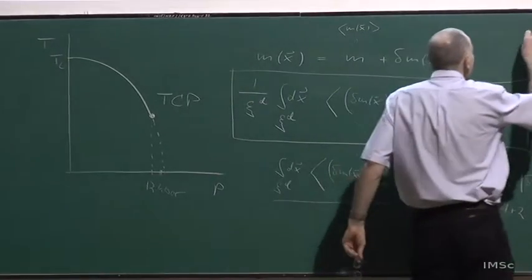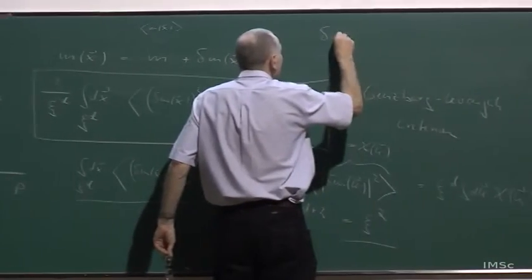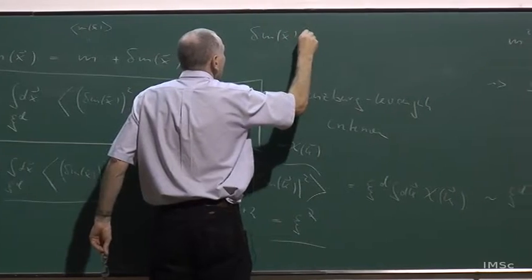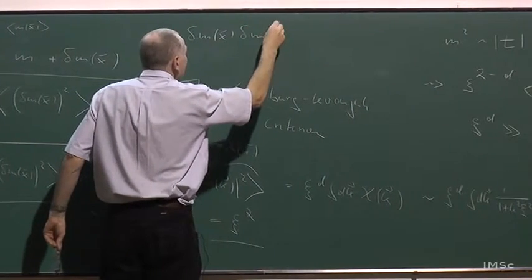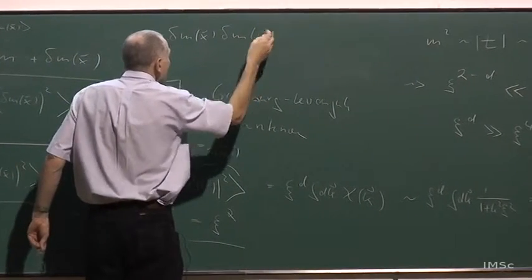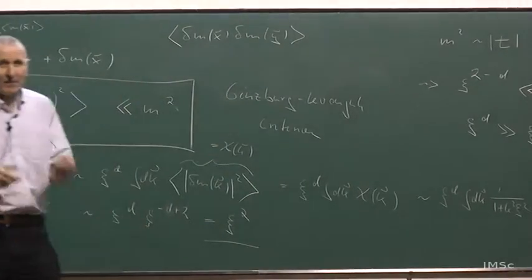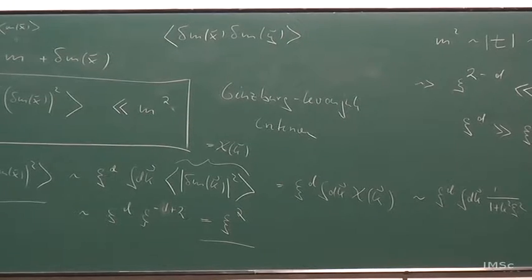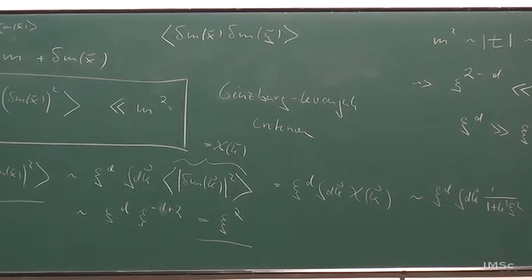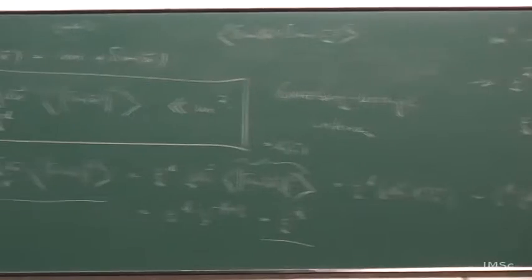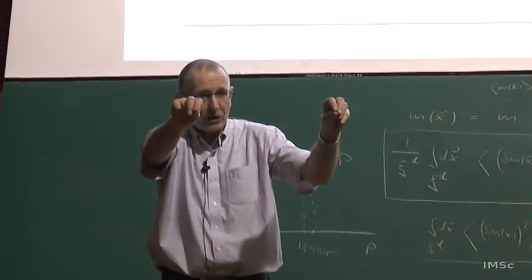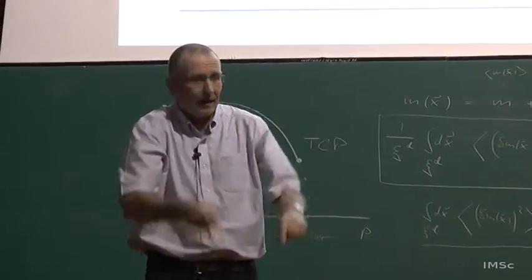Let's look at a somewhat more complicated object: delta m of x times delta m of y, averaged. That's the magnetization fluctuation at some point times the magnetization fluctuation at another point, averaged.